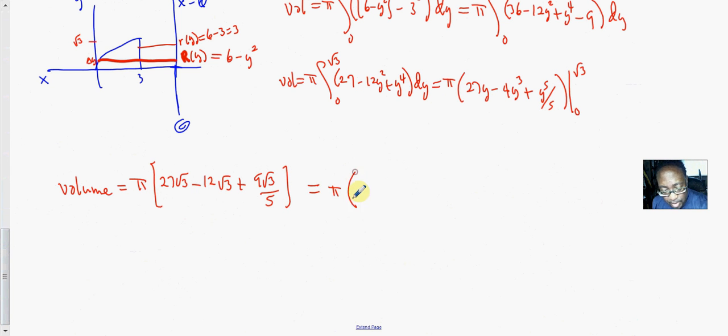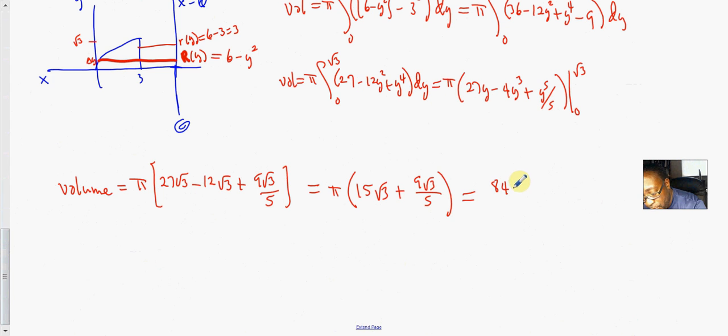So we get pi times, here this is 15 times the square root of 3 plus 9 times the square root of 3, all over 5. So here we get 75 plus the 9, so that's 84 times the square root of 3 over 5, all times pi.